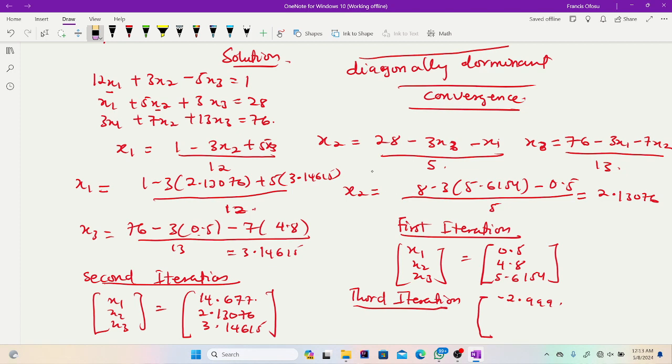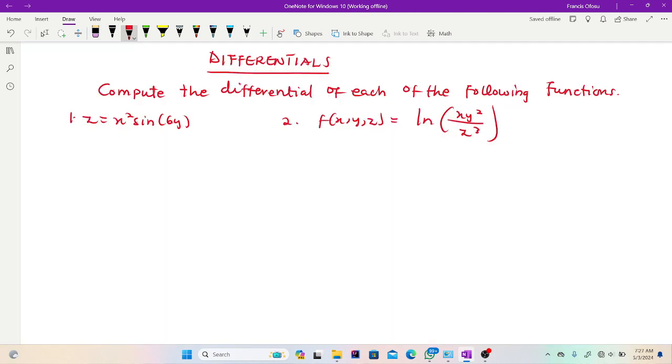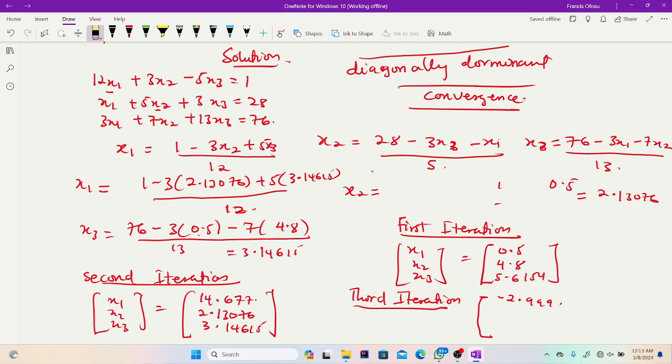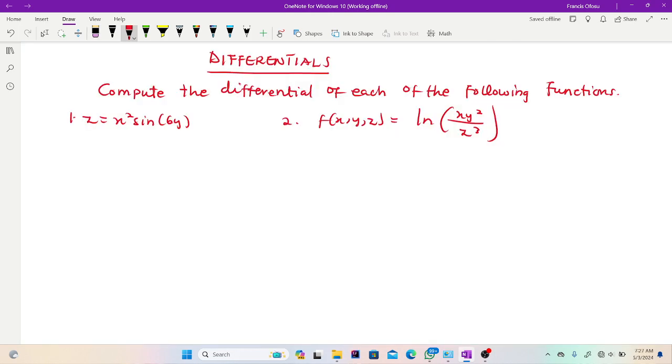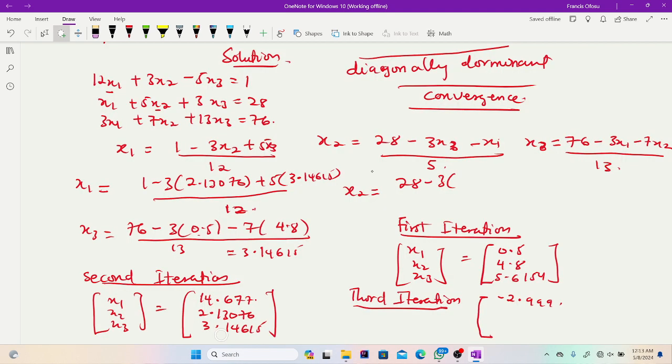Okay, then now let's come to the third iteration for the x2. For the x2, the third iteration is simply values into the original equation. So 3.1414615 minus our x1 14.677 all over 5, right?